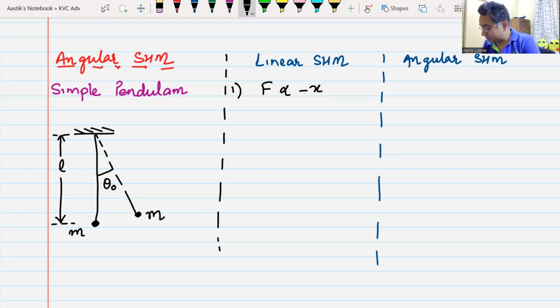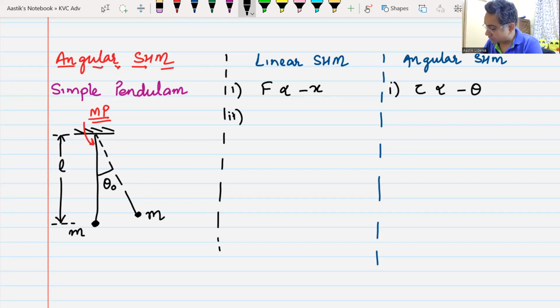Here, I will find the torque and it will be proportional to minus theta, where theta is the angular displacement from the mean position. There would be a mean position, and in this case the mean position is here.